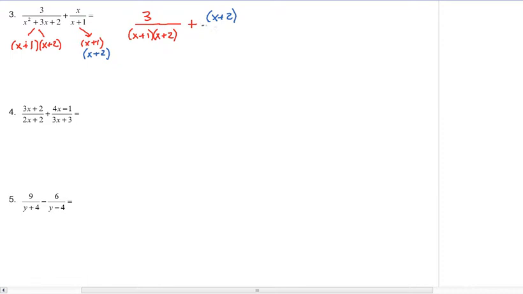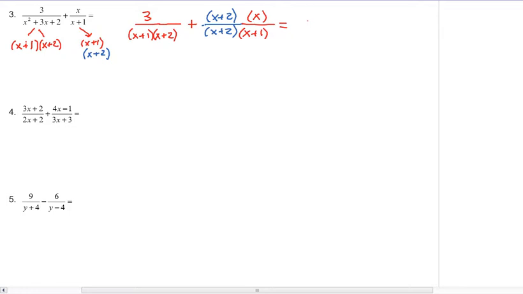So multiply that top and bottom: x plus 2 over x plus 2. And then what else did you have? Well, we had an x before on top, and we had an x plus 1 on the bottom. Whatever you're missing, we multiplied in.